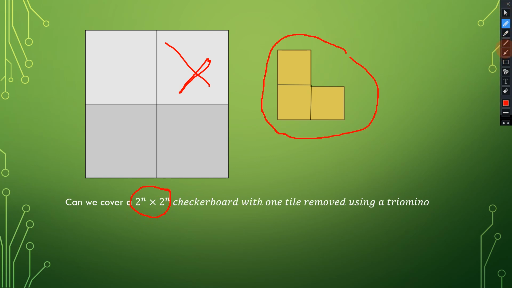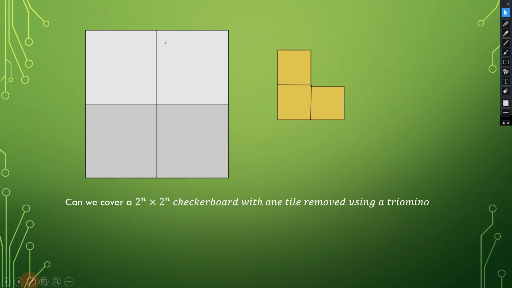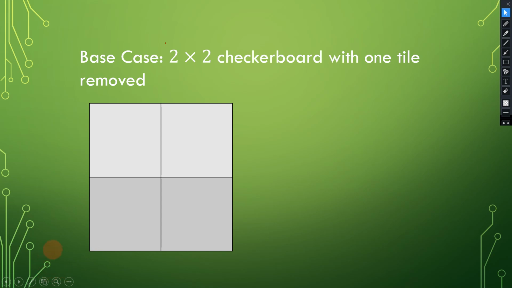First we will see the first step of mathematical induction, that is the base case. So this is the base case. In easy terms, what do we mean by a base case?